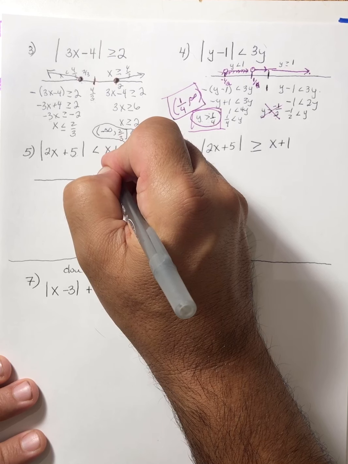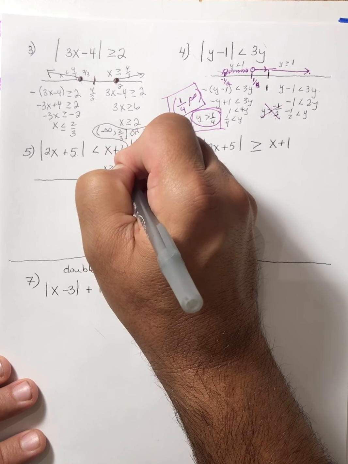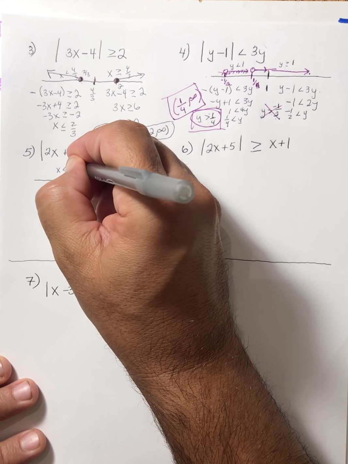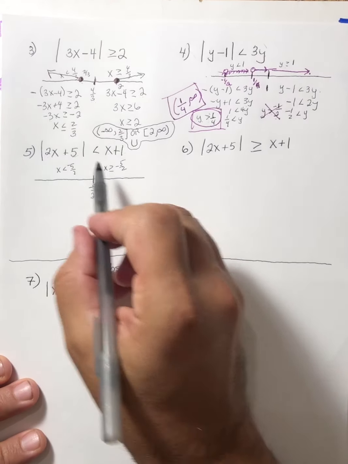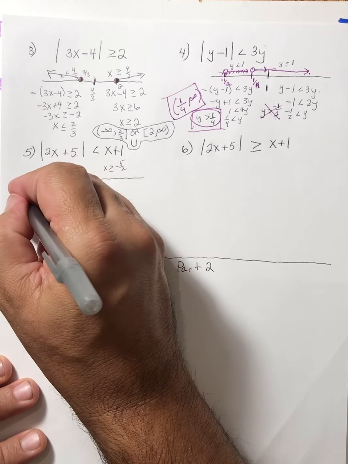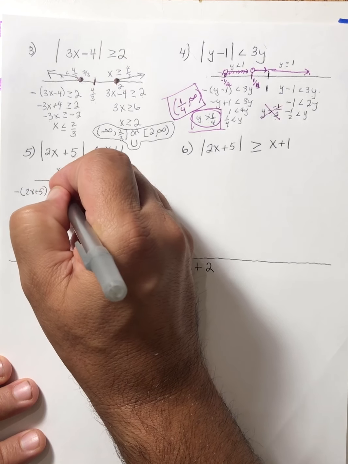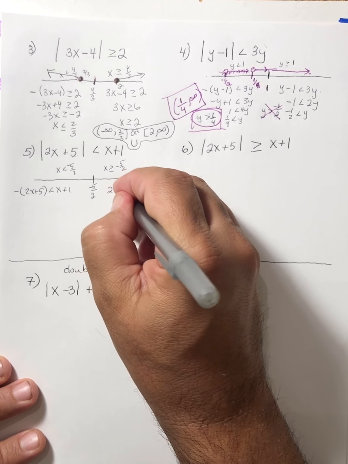So x is greater than or equal to negative 5/2. X is less than negative 5/2. So to the left it's negative, so negative parentheses 2x plus 5 less than x plus 1, and then positive over here on the right.